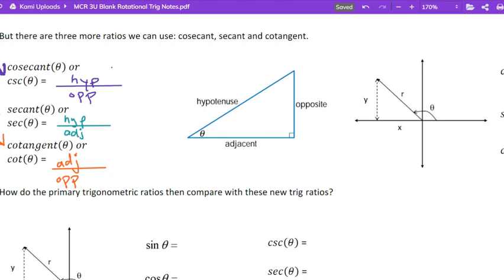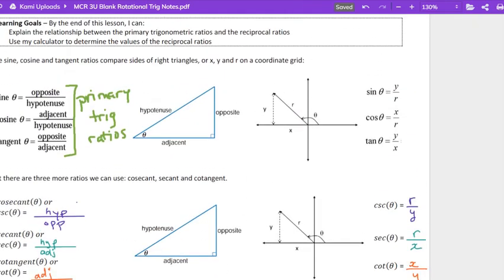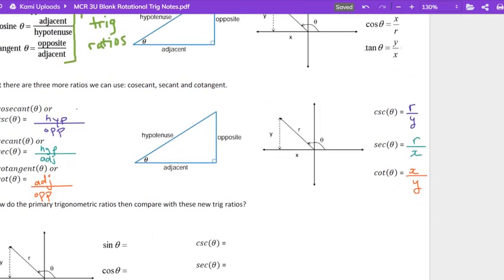If cosine is x over r, secant is going to be r over x. And if tangent is y over x, cotangent is going to be x over y. All right, so these are just, again, reciprocals. And reciprocal means flip the fraction.